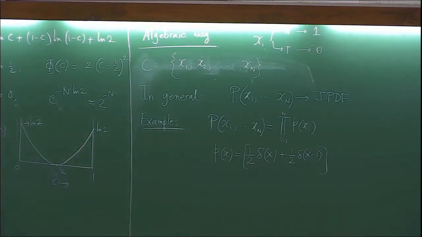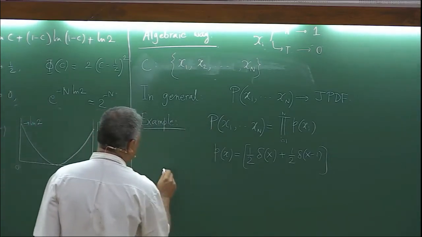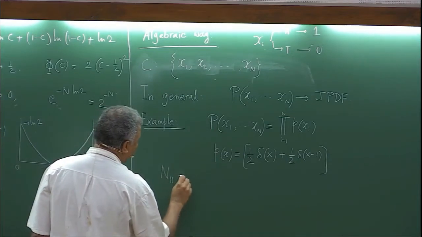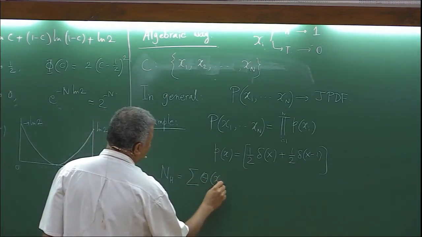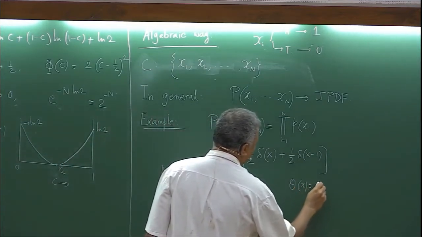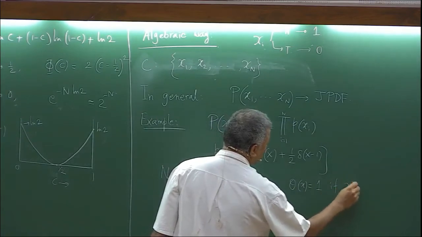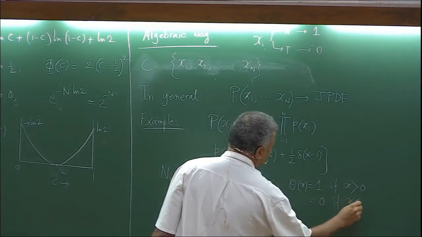Given this joint distribution, or more precisely this particular factorized form, what we are interested in is the number of heads. The number of heads is just the sum of theta of xi, where theta is a step function. Theta of x is 1 if x is strictly positive, by my convention, and 0 if x is less than or equal to 0.